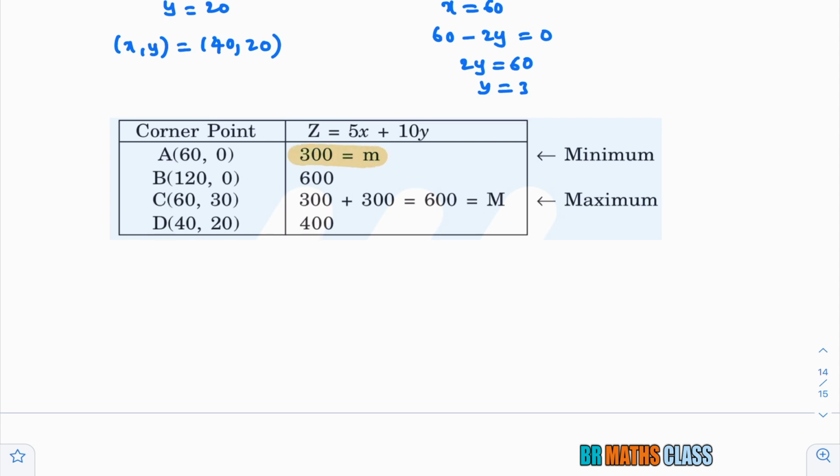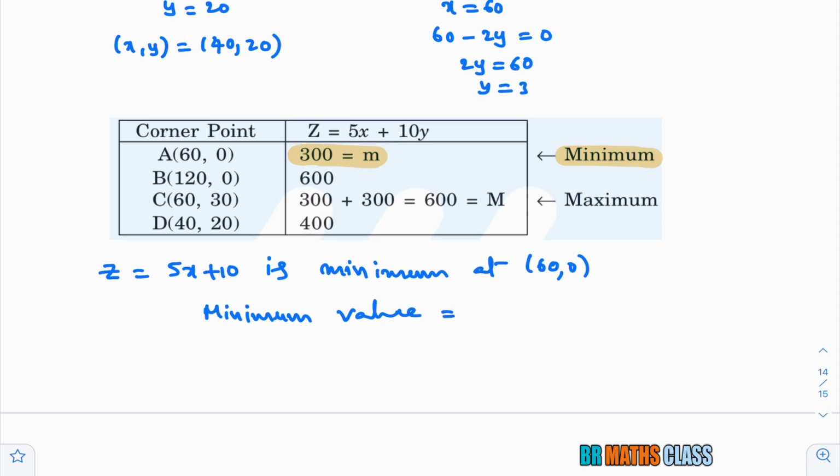We can declare that this objective function is minimum at 60 comma 0 and the minimum value is 300. I'll write that z equal to 5x plus 10y is minimum at 60 comma 0. And what is the minimum value? Minimum value is 300.